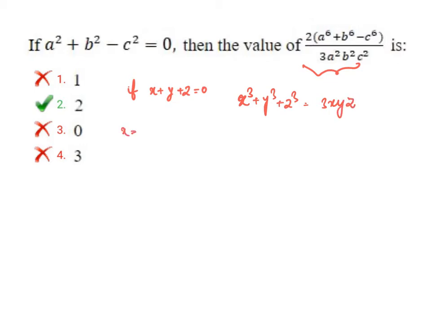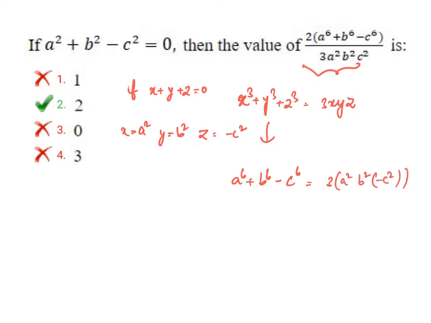So here x is equal to a square, y is equal to b square, z is equal to minus c square. Therefore, a to the power 6 plus b to the power 6 minus c to the power 6 is equal to 3 into a square, b square, minus c square. So a power 6 plus b power 6 minus c power 6 is equal to minus 3a square b square c square. You substitute this here.